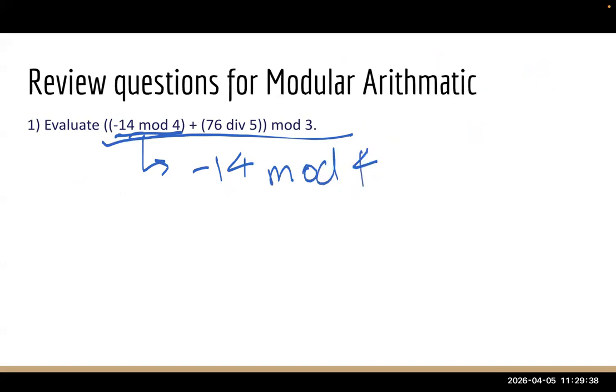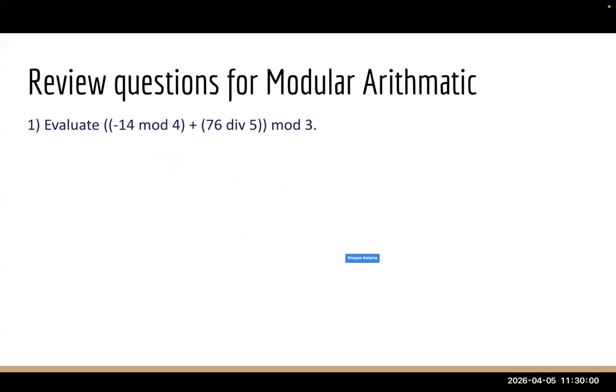Again, we never want the answer for this to be negative, so we want to take the highest possible multiple, that's negative 12. The remainder over here comes out to be positive 2. So this is equal to positive 2.